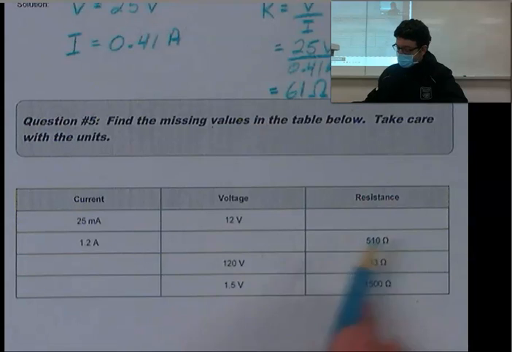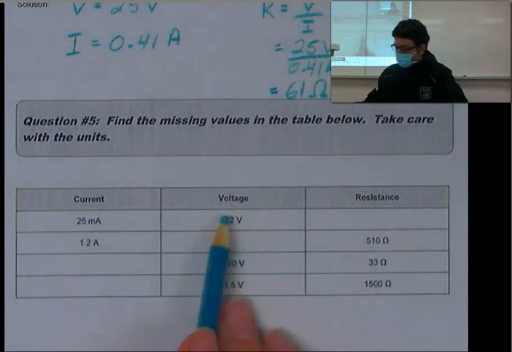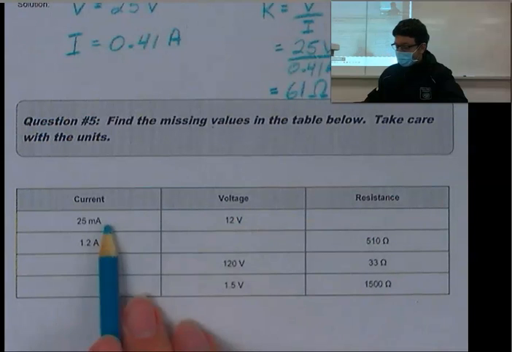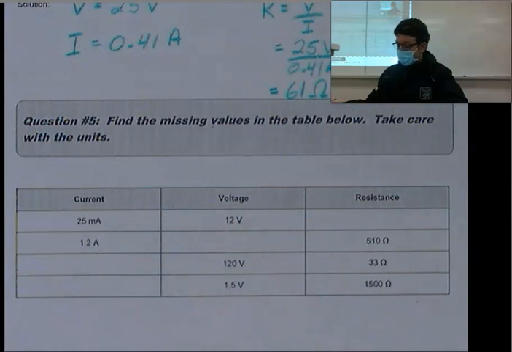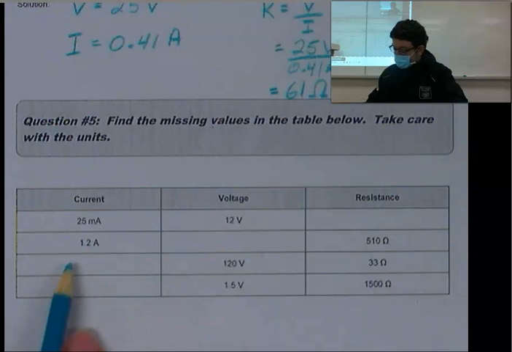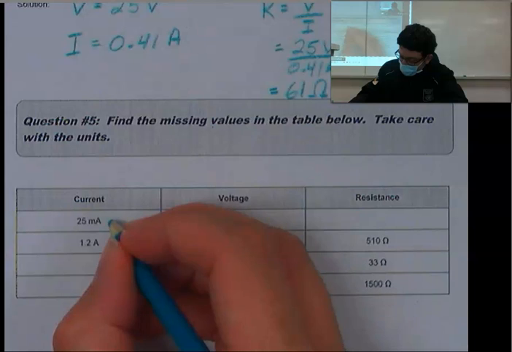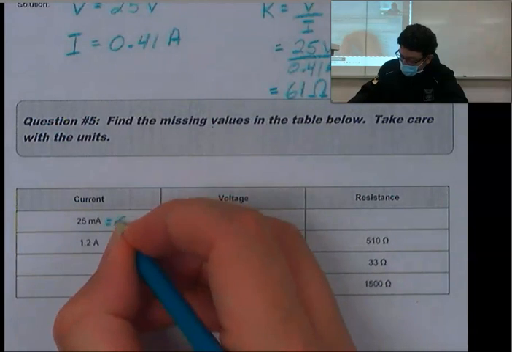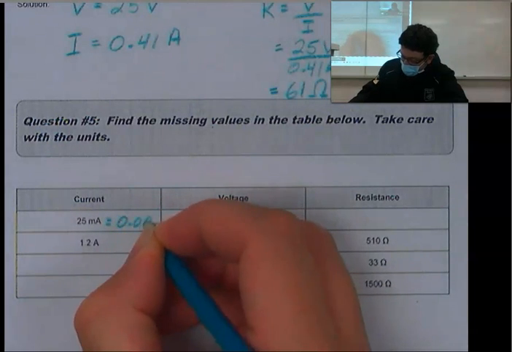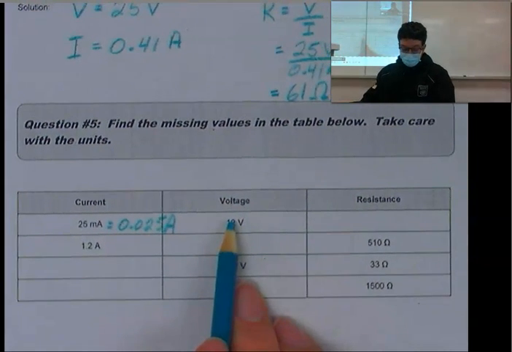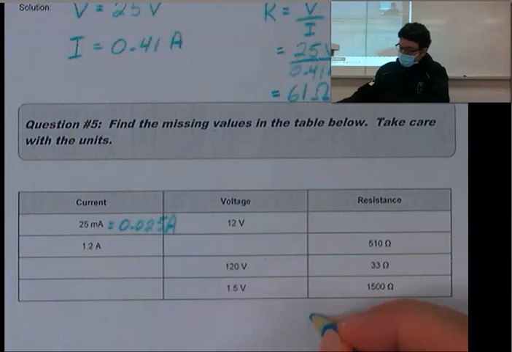Okay, now number 5 is continuing to use Ohm's law, but we're going to fill in this table. In each column we either have current, voltage, or resistance. I'm giving you 2, then you have to solve for the other 1. Sometimes you may have to change your units, like this is 25 milliamps. We will have to write that as 0.025 amps. And then given the voltage, again, we can use our triangle.